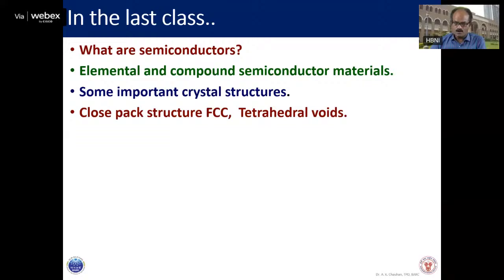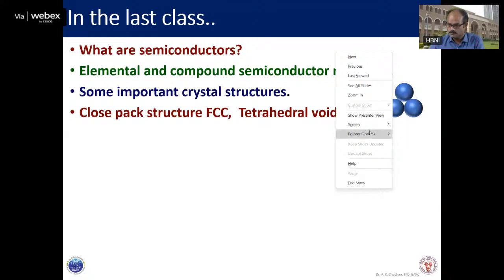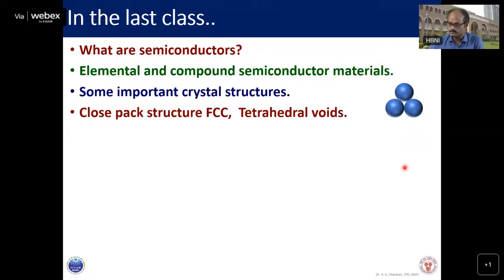Then we also saw how a close packed structure can form FCC or HCP lattices. There are actually tetrahedral voids.